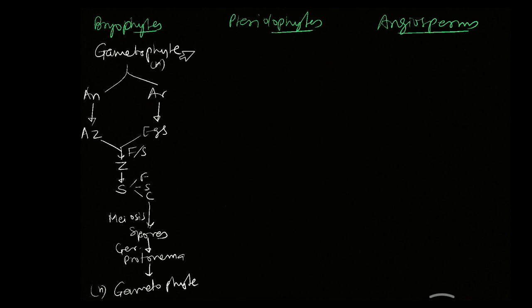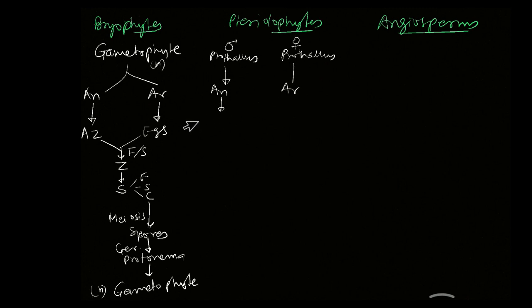So first we are talking about the pteridophyte. The gametophytes in the pteridophyte are male prothallus and female prothallus. Okay, then on the prothallus, antheridium and archegonium are produced.